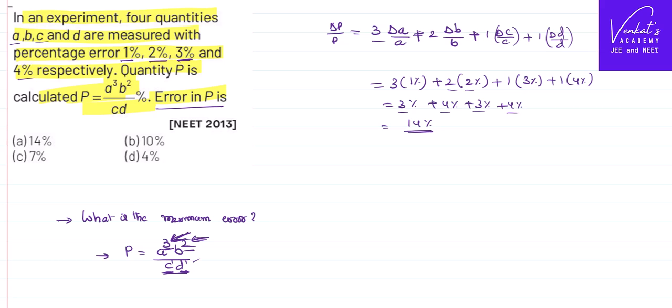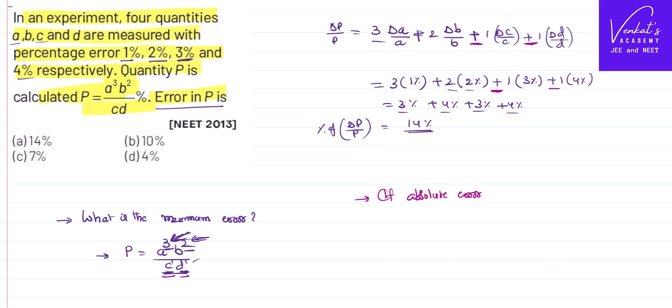So the maximum error that we get, the percentage error of delta p by p, is 14%. I just want to give you a word of caution that if you want to find out the absolute error, being c and d in the denominator, here you will put a minus for both c and d.